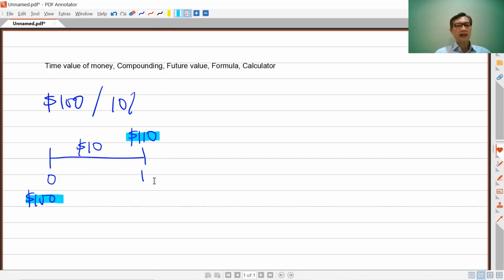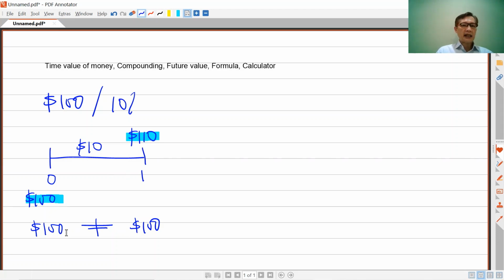There's no difference. So they will also say that $100 now is not the same as $100 in 1 year's time, simply because $100 right now is the same as $110 if the interest given here is 10%.